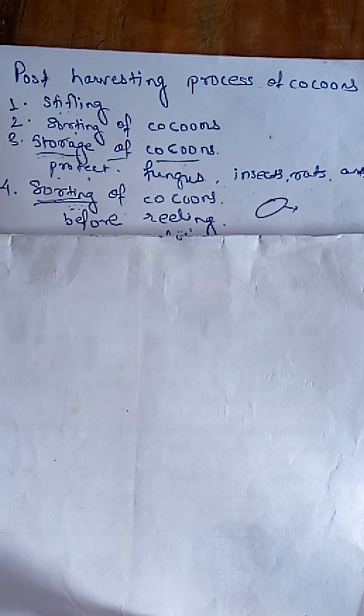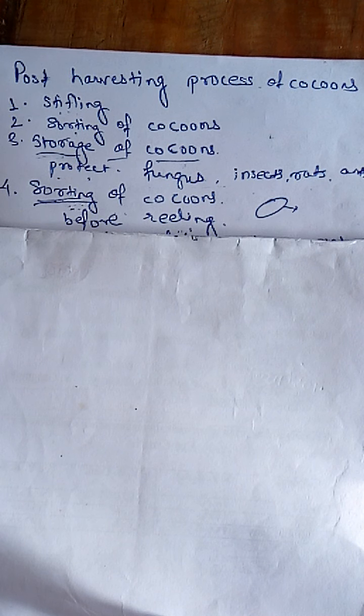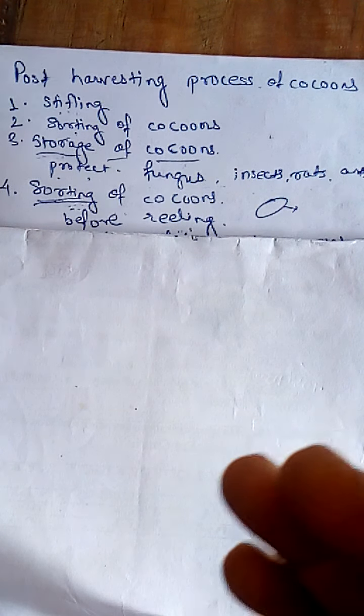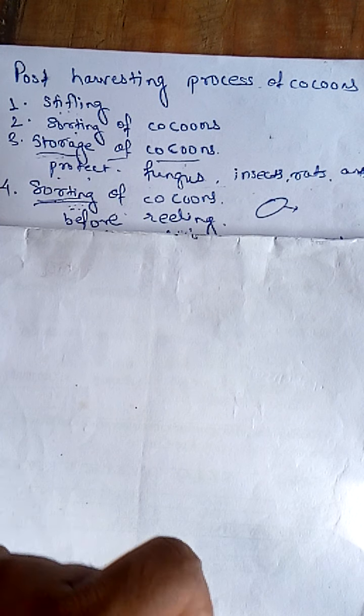In this sorting of cocoons before reeling, we remove the double cocoons, crushed cocoons, stained cocoons, malformed cocoons, flimsy cocoons, as well as the pierced cocoons. We remove all such types of cocoons.